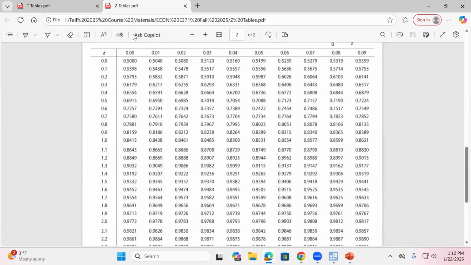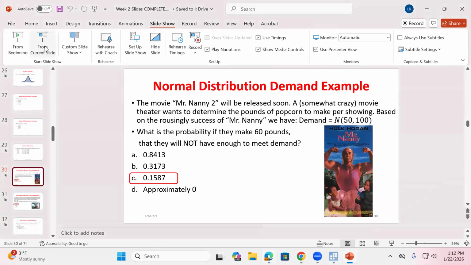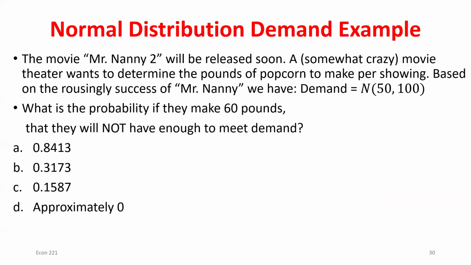So 1.00. Remember, the table tells you the probability of seeing that z value or anything below it. So I've got 0.8413, okay? So if I go back to my work, I just found the probability of seeing a z-score of 1 or anything below it is 0.8413.